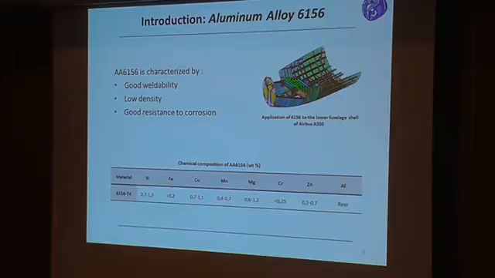Aluminum alloy 6156 is characterized by good weldability, low density, and good corrosion resistance. This material is already used in the lower fuselage cell of the Airbus 350, and because of good weldability, it makes it possible to replace the rivets in the fuselage.